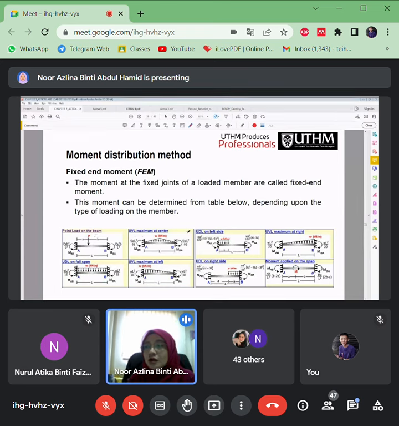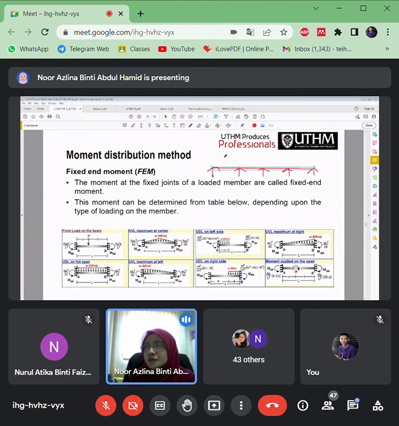This is not all, actually. It is just a part of the fixed end moment, other than these types. You need to search, maybe from Google or by opening back your structural analysis notes. There will be other types of loading. For example, for the spans that have a point load, let's say for these continuous beams, this is the first span, and there are many spans here.